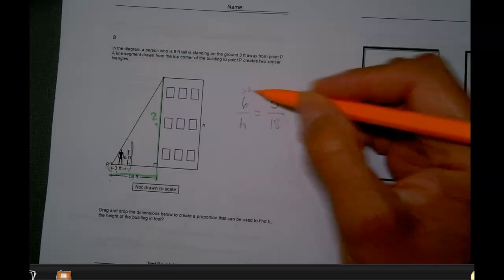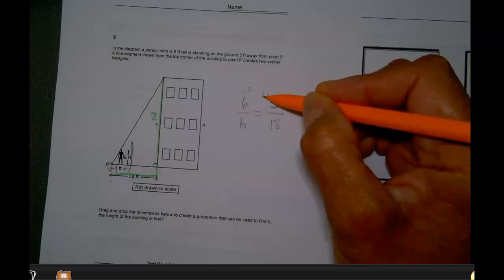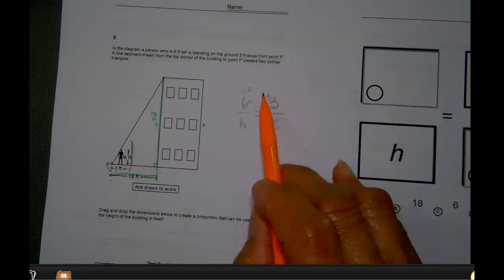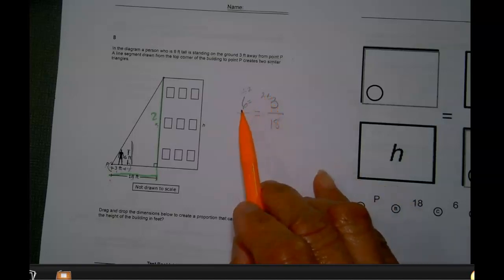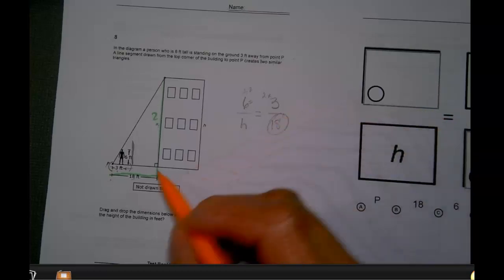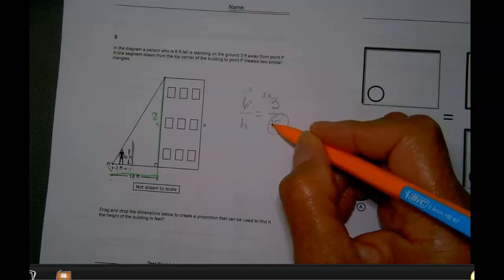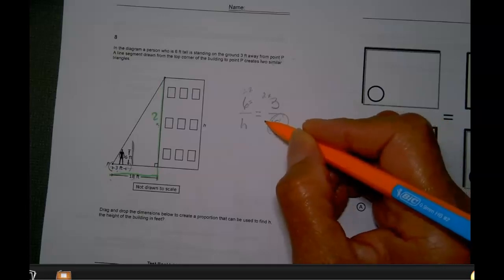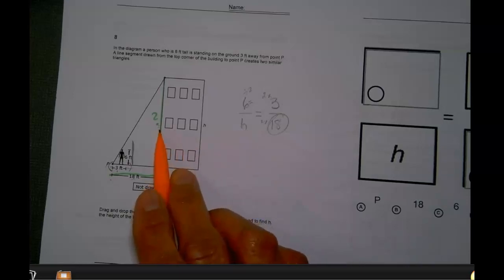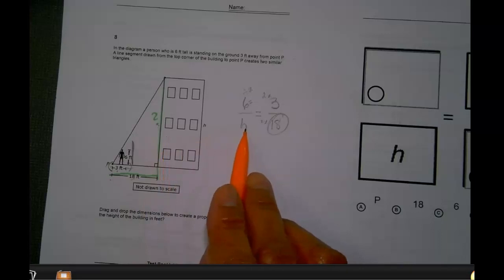2. So 6 divided by 2 gives me 3, so I know 3 times 2 is going to give me 6. So if 3 times 2 gives me 6, this is how you know the 18, but even though it's there, 18 times 2 will give me the height that is missing, but you didn't even need to place that number there.